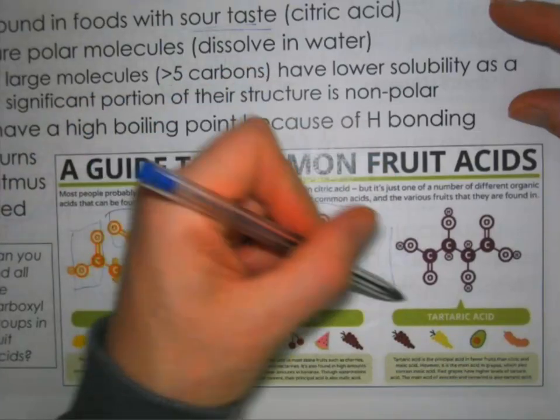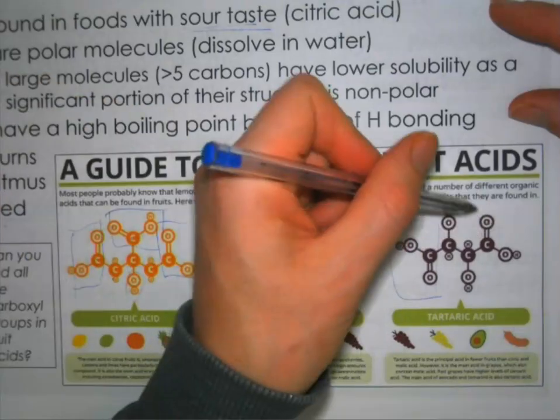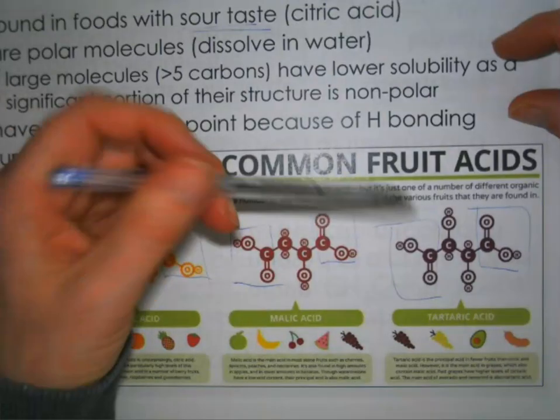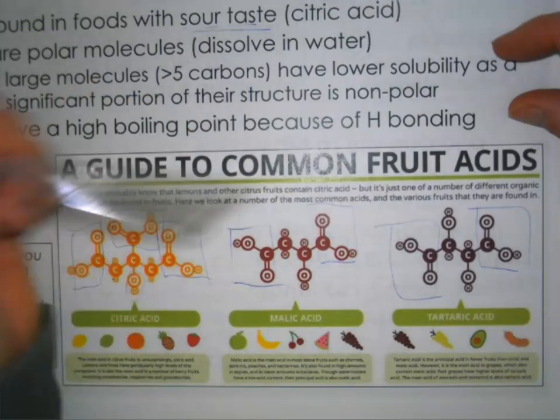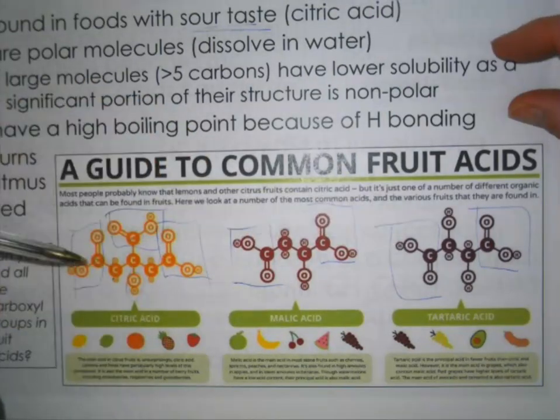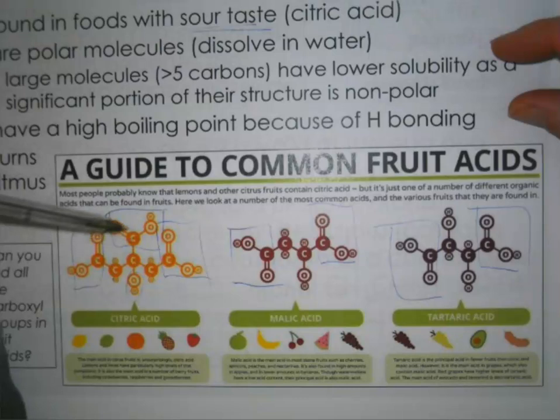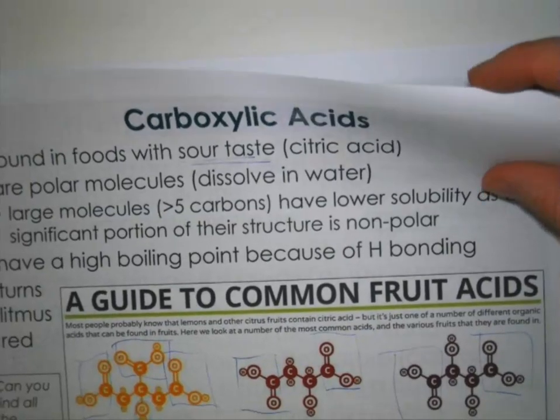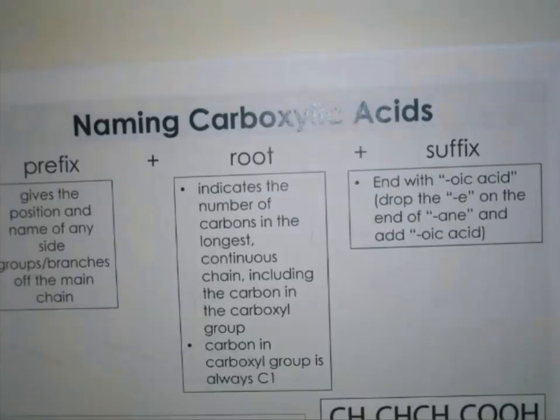Last one over here, same thing. And you can probably tell what the pattern is here. Like we mentioned in the previous slide, carboxyl groups are always found at the ends of molecules or at the end of side branches as well. Okay, and that's just because there are so many bonds being taken up with the double bonded oxygen and the hydroxyl group.